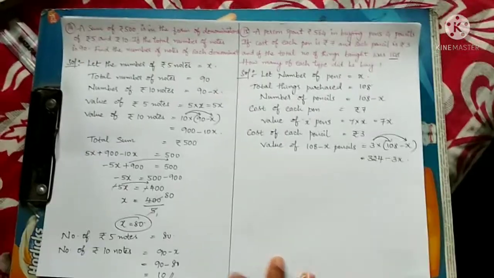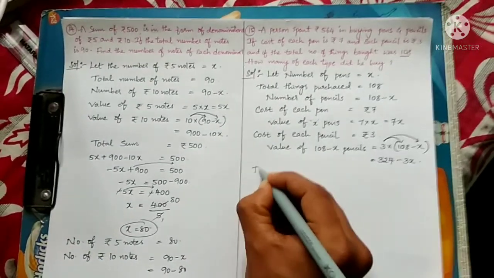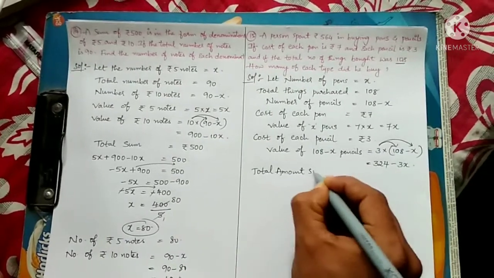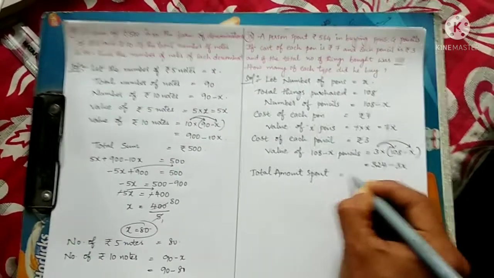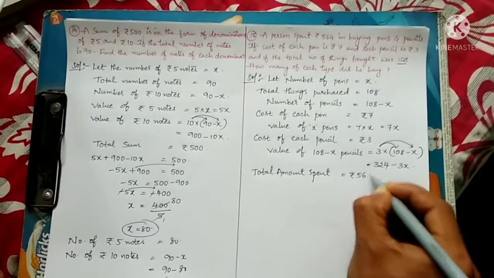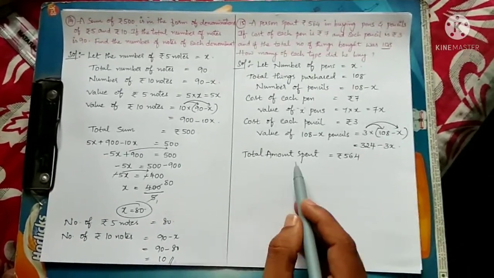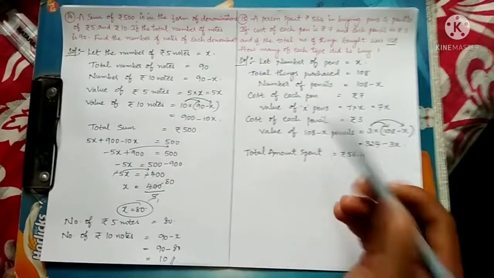Okay, now the total amount spent is how much? Total amount spent is rupees 564. What are the items he purchased? Pens and pencils.